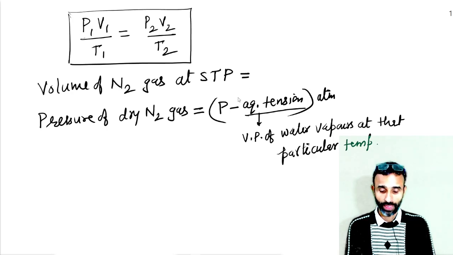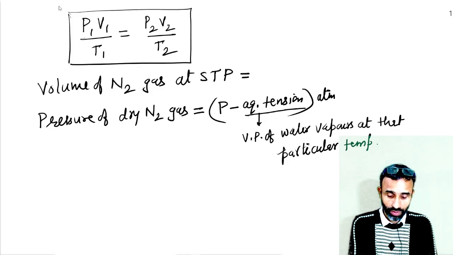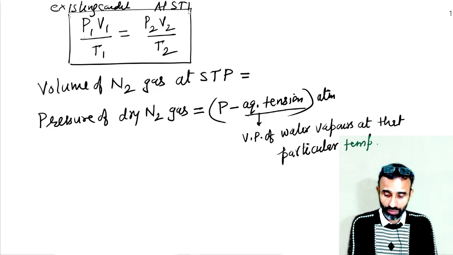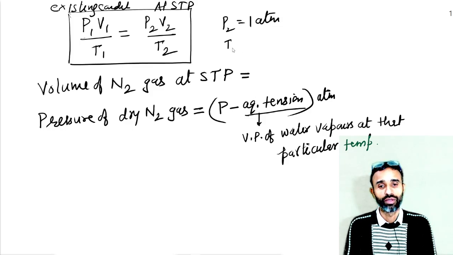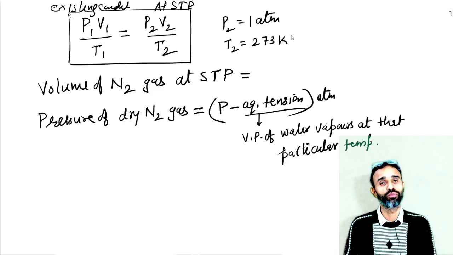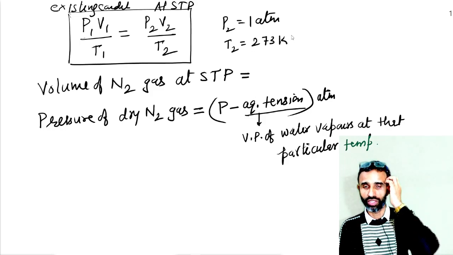So that is fixed, and therefore we subtract it from the total pressure and put it here. This is the existing condition, and this is at STP. At STP, pressure is 1 atmosphere and temperature is 273.15, or we can say 273 Kelvin.